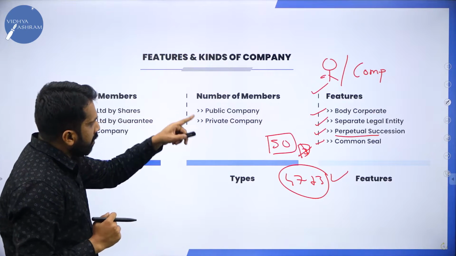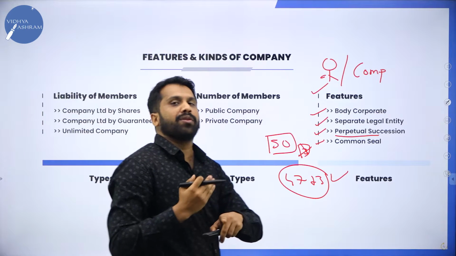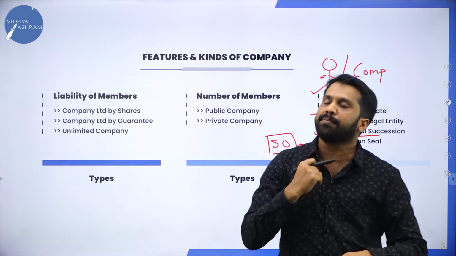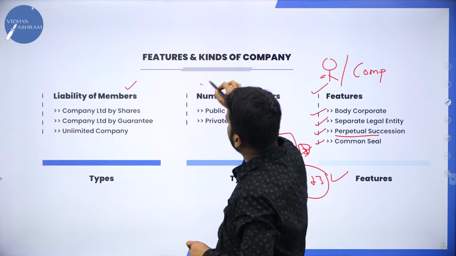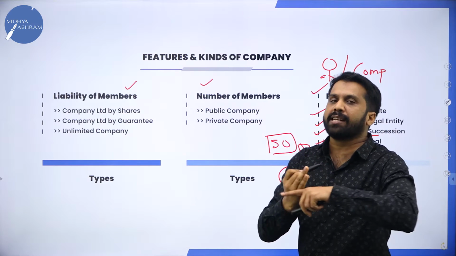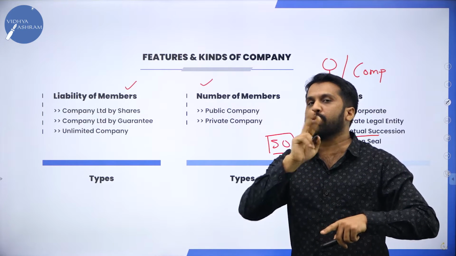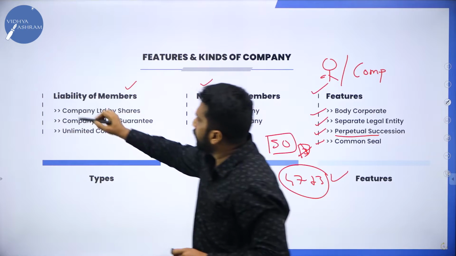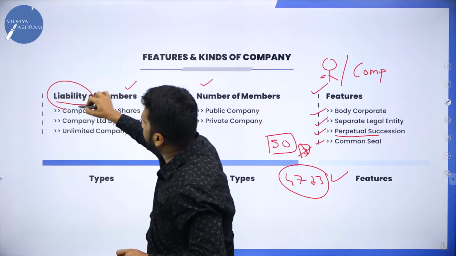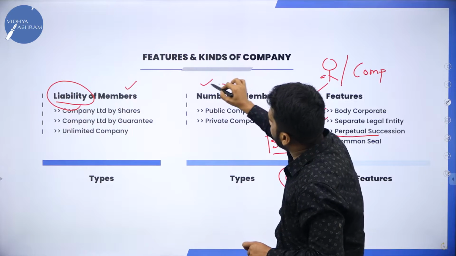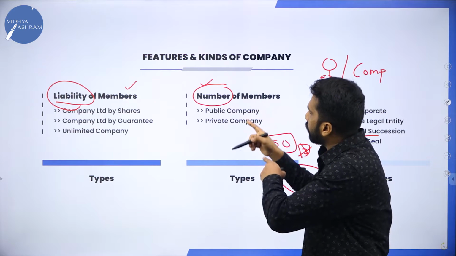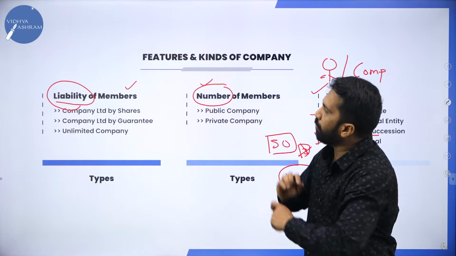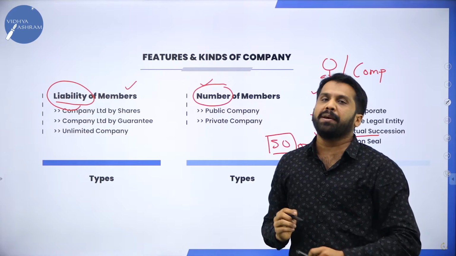Now, after features, we'll go for the types of companies. Now, very interesting thing, types of company. The types can be classified on 2 bases. One is on liability of members and second one number of members. First we'll go for number of members, then I'll come for liability of members.